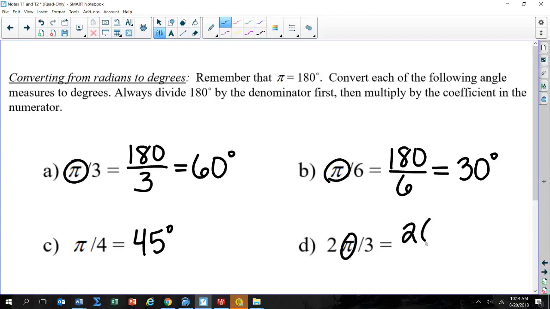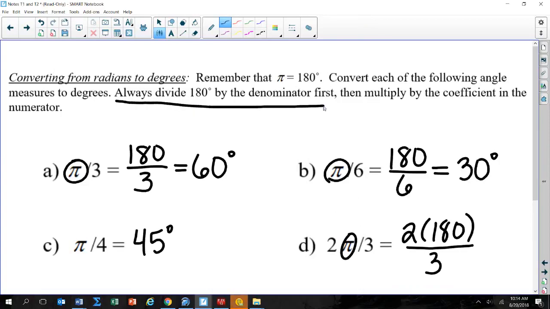So we have 2 times 180 over 3. That's where this comes into play. Always divide 180 by the denominator first. So I'm going to take 180 and divide that by 3 first. 180 divided by 3 is 60 degrees.